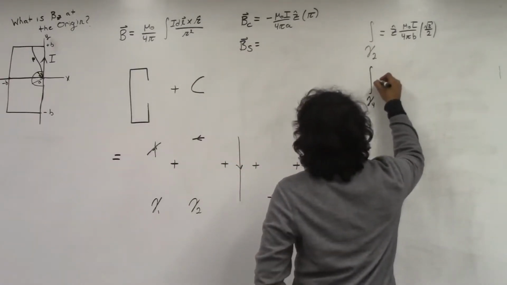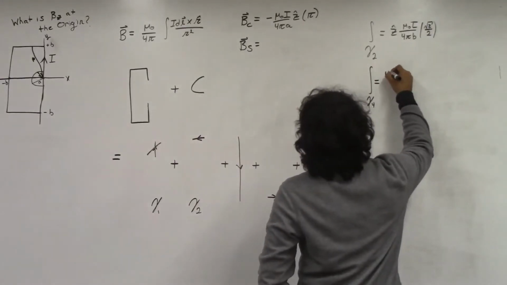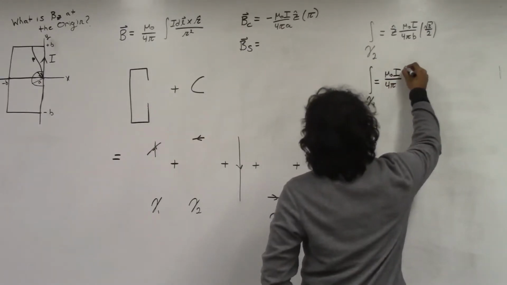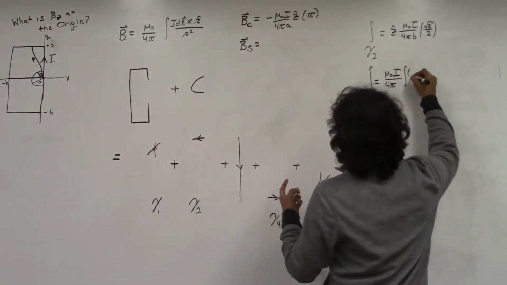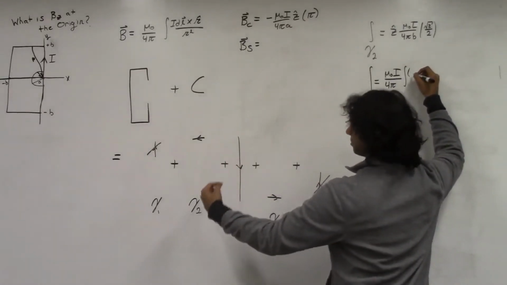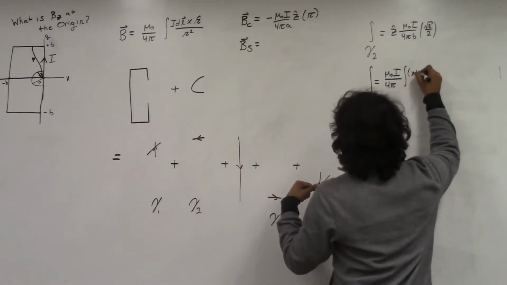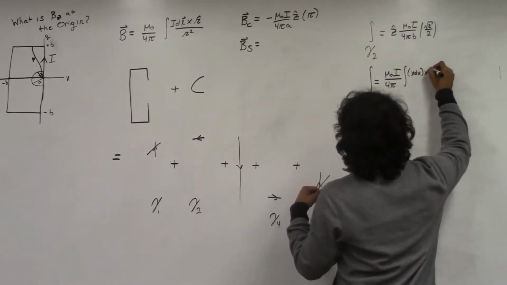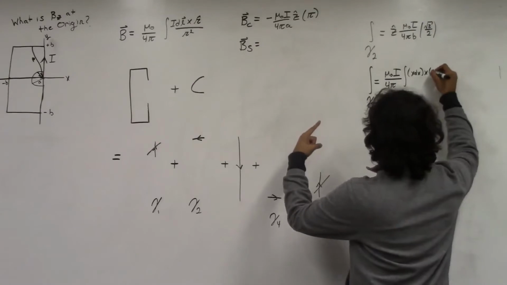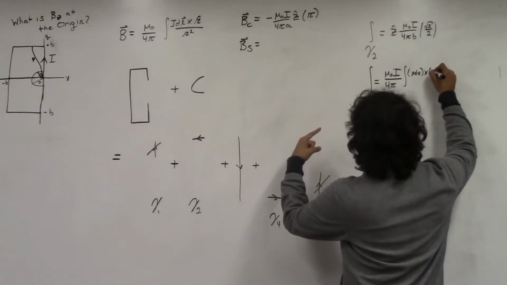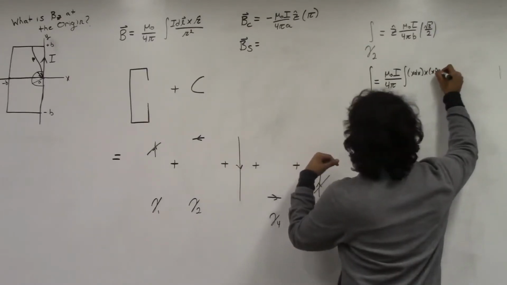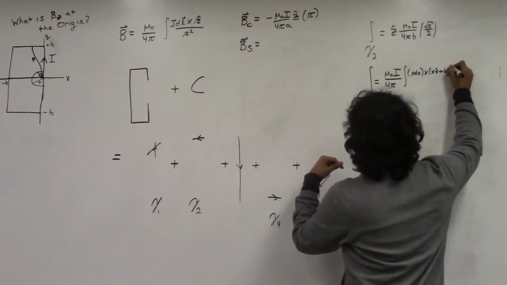So if I write down mu naught I over 4 pi integral, like I said, dl is now x dx cross the script r vector, which is pointing up, so that is x x hat plus b y hat.